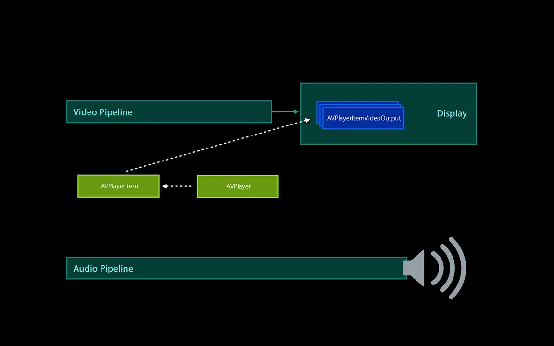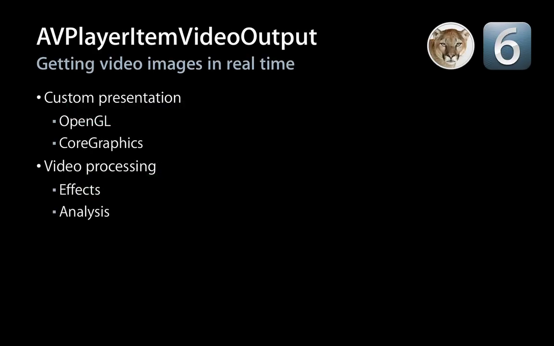So how do you use one of these things? To use an AV player item video output, you can use it with other imaging technologies such as OpenGL or Core Graphics. And you can use it to do your own video effects and your own video analysis. It's available both on Mountain Lion and iOS 6.